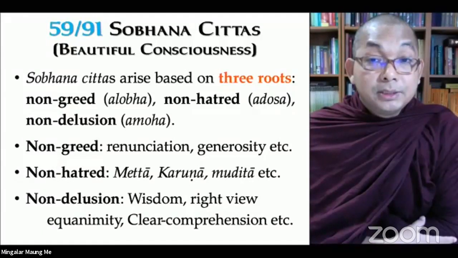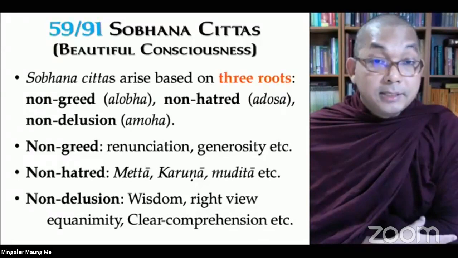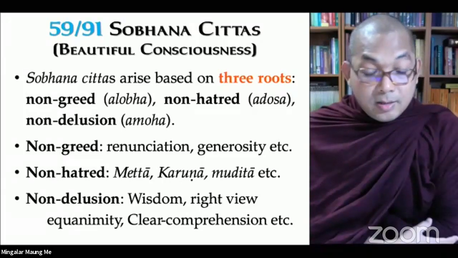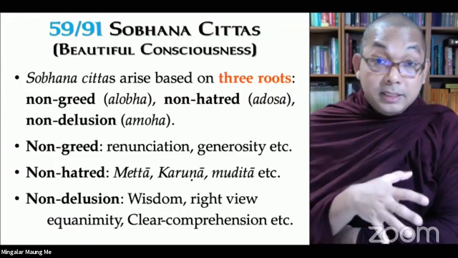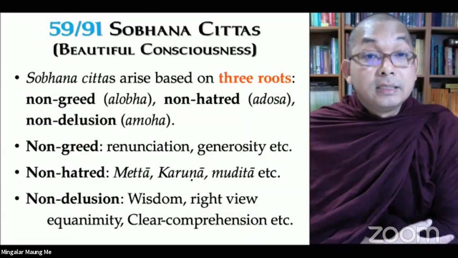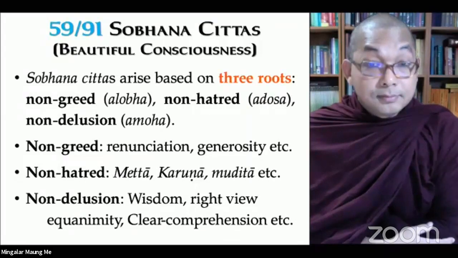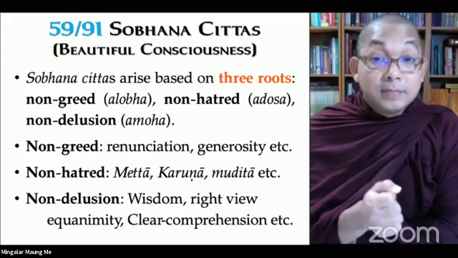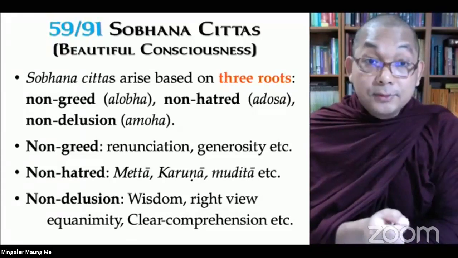The Visuddhimagga mentions 10 types of equanimity. In Abhidhamma, especially in the cetasikas, what we are learning is mostly feeling equanimity. But here, what I'm referring to is a different equanimity.